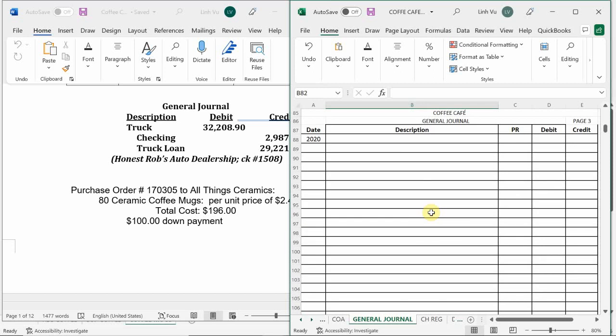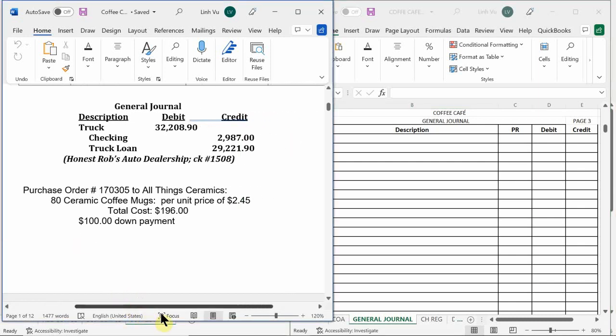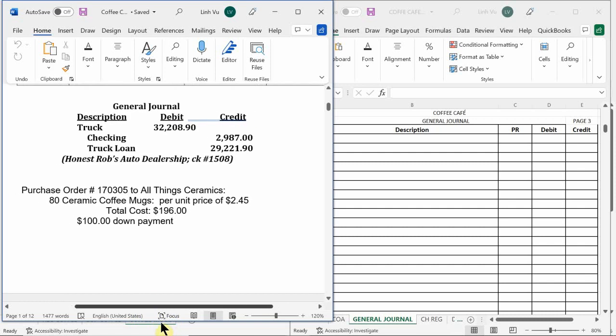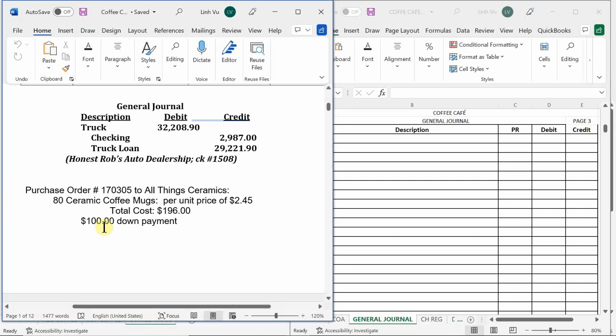And what happened next? Here I have another purchase order to Atlas Coffees. And here I am going to be ordering 80 ceramic coffee mugs. Per unit is going to be $2.45, giving me a grand total of $196. Okay, and there is a $100 deposit.